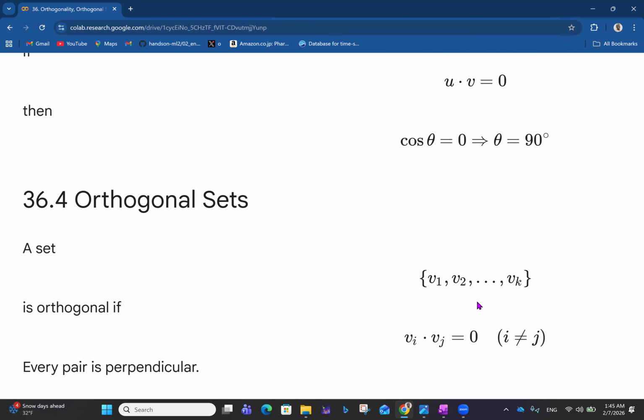So if you pick any two vectors, like v1 dot v2 or v1 dot v3, and find the dot product, you always get 0. In that case, you say that you have an orthogonal set. Of course, i is not equal to j, because if you find vi dot vi, you won't get 0 for sure. So in an orthogonal set, every pair of vectors is perpendicular.